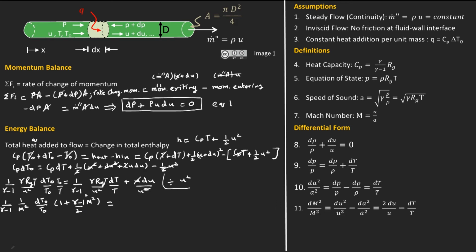And this equals, again, the same. We can see again that this is a squared over u squared, which is 1 over M squared, times dT over T plus du over u.